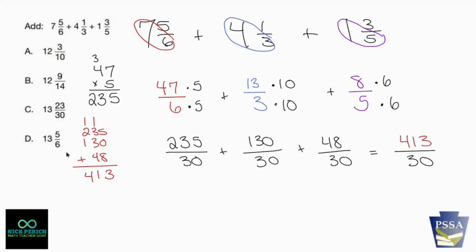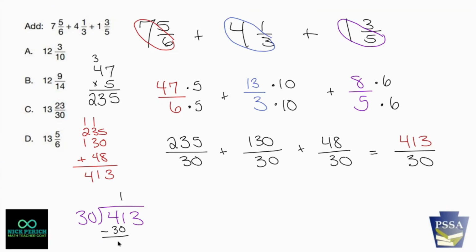So my numerator is 413 out of 30. Now in order to turn this into a mixed number, I'm going to do long division. I'm going to see how many times 30 goes into 413. Well, 30 goes into 41 one time. 1 times 30 is 30.